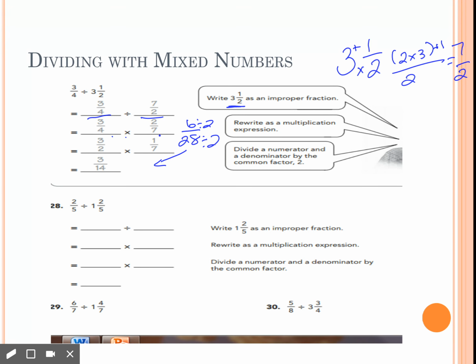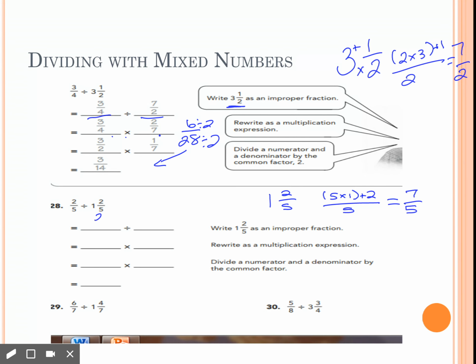So let's do number 28. 2/5 divided by 1 2/5. 1 2/5 as a mixed number becomes 5 times 1 plus 2 over 5, or 7/5.